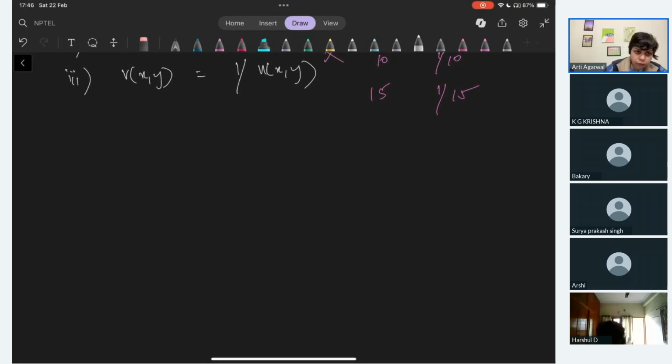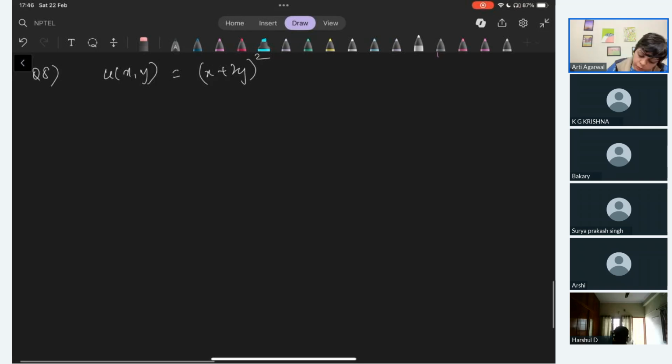Right, so we are given, this is question 8, u of x, y is (x plus 2y) whole squared. You are asked, firstly, whether x and y are substitutes or not. First, let's calculate the MRS, which is basically what you're asked in this. So how do we calculate MRS?